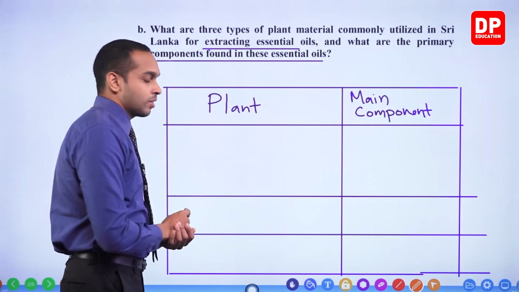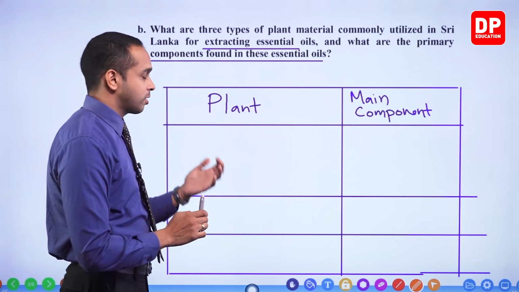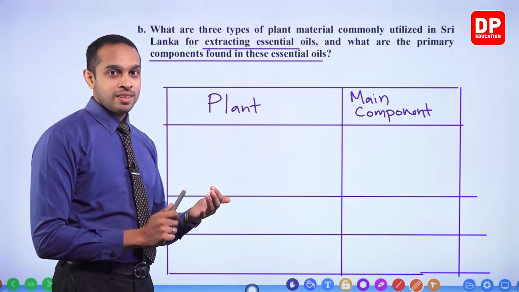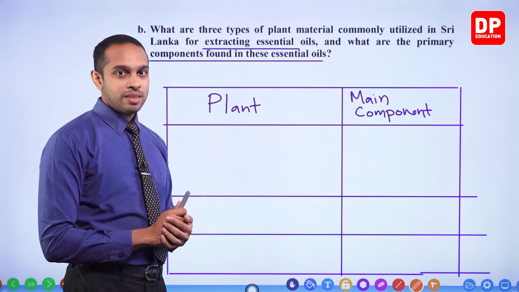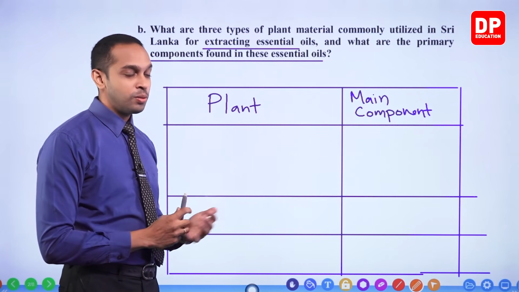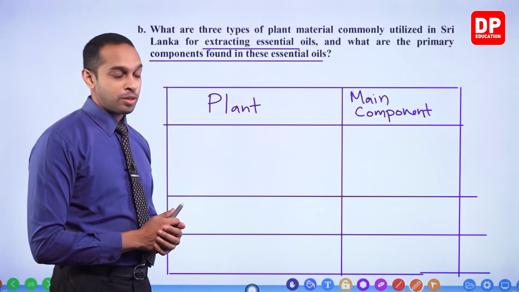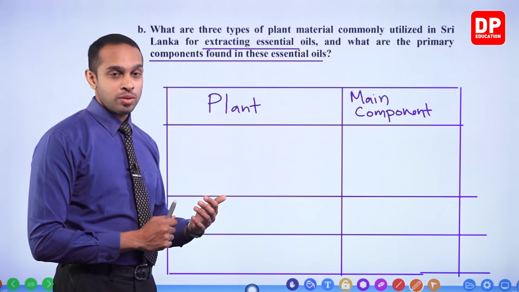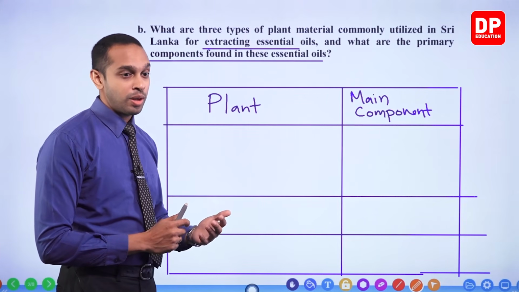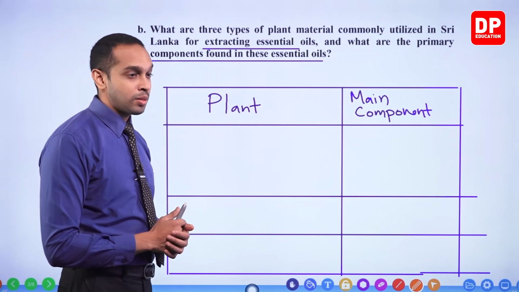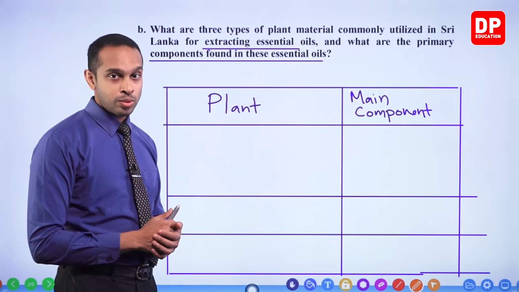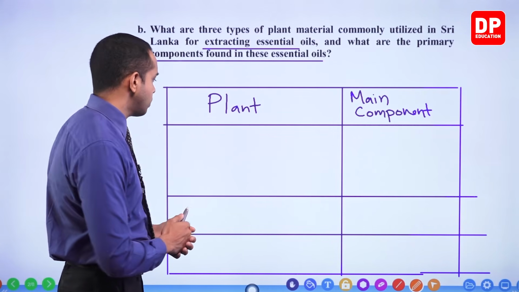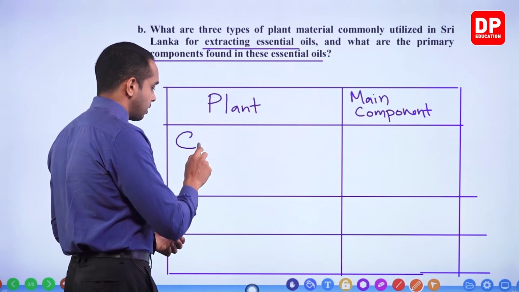So the first thing that we think of whenever they're asking about essential oils is the cinnamon plant. You know, in Sri Lanka we do grow cinnamon. Actually, we provide cinnamon to the international market, and we are one of the largest suppliers there is when it comes to cinnamon.